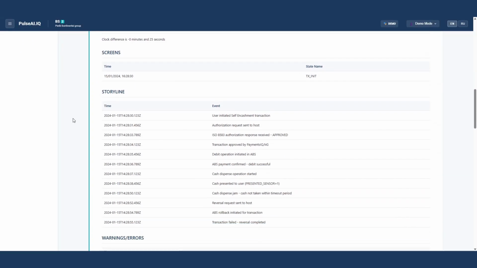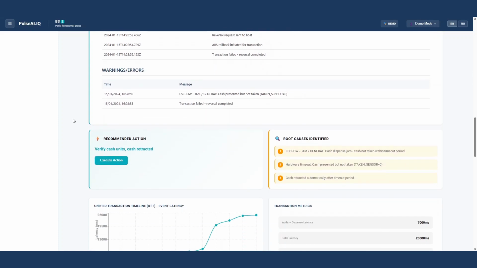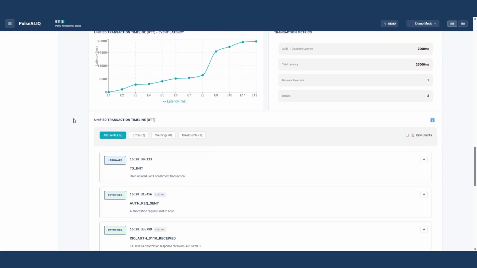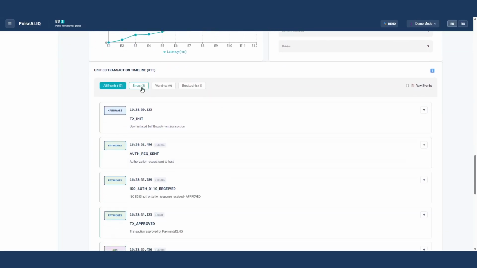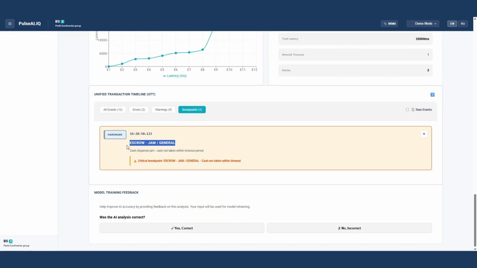What this means is that we can now see the events that occurred during the transaction with a detailed breakdown by source. That is, specifically, the events at the ATM, then the events on the server, and the events from the ABS. And in this way, we can clearly see at what exact moment and in which specific source an error occurred within our system.